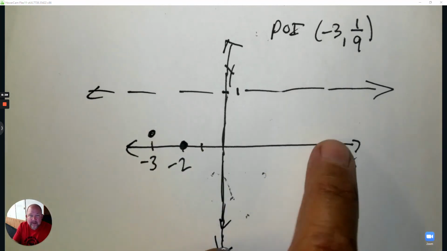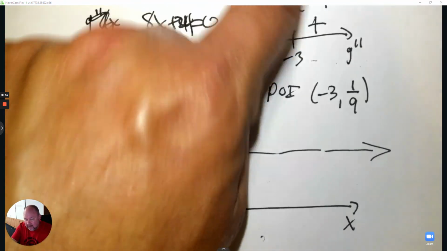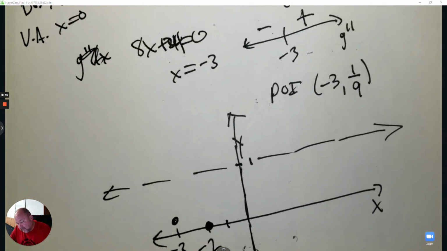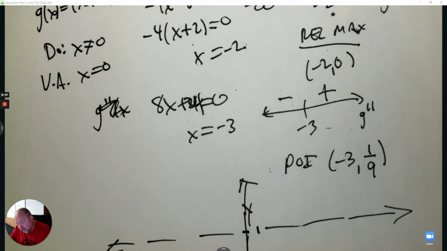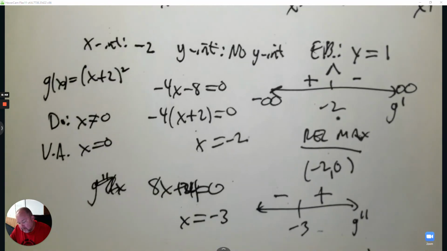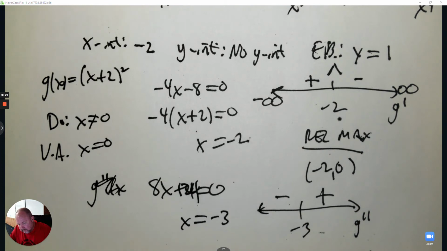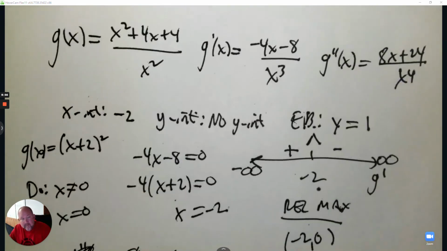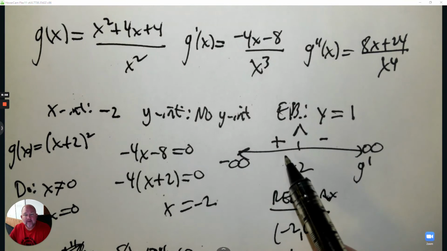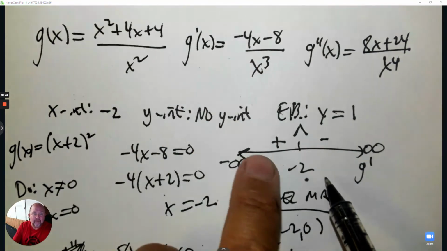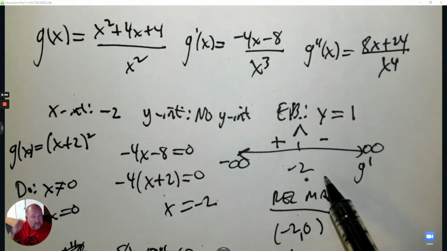So I know the end behavior. I know it is concave down. Look at this. Just looking at this quick. So in the derivative, it's increasing and then decreasing.